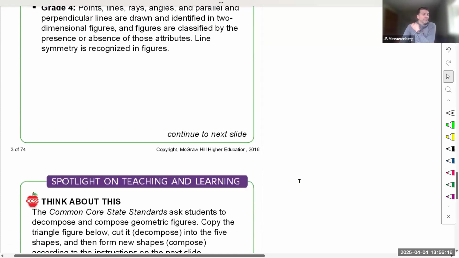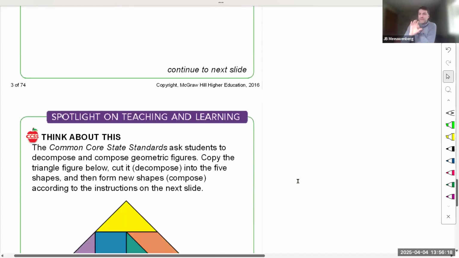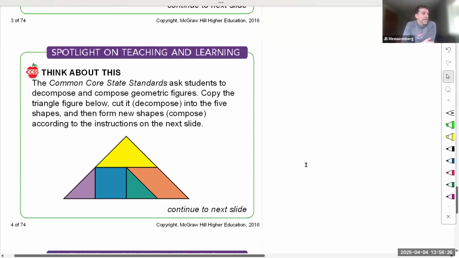So I've got a little starting activity that I'm not going to spend much time with in this video, but I think it's good for you to try. And so what you'll see here is a picture of a triangle that's made up of other figures. And again, decomposing and recomposing geometric figures is something that the Common Core state standards do ask students to do. And so this is just a chance for you to play around with it.